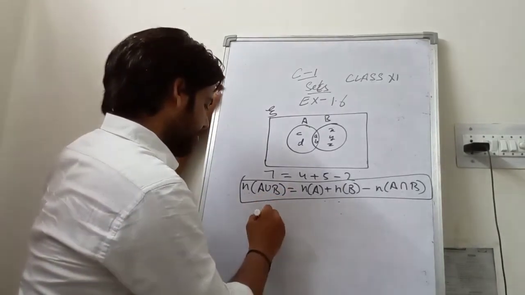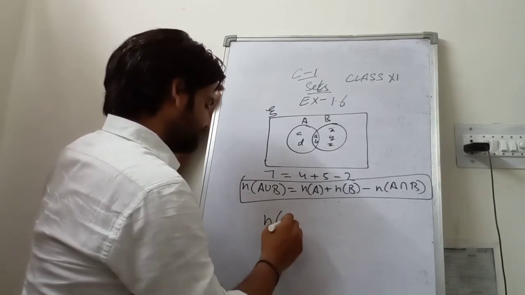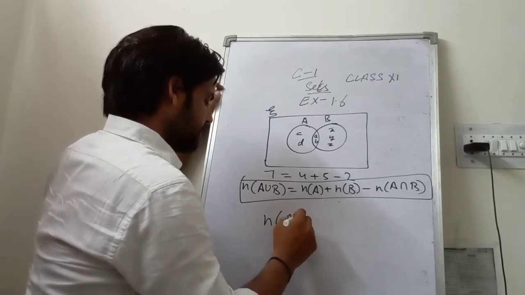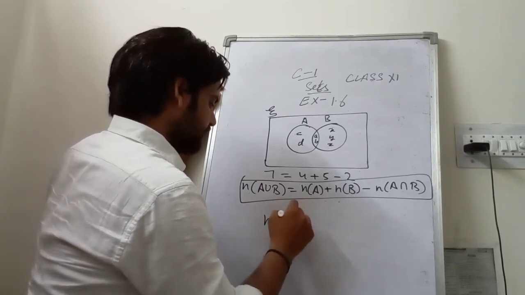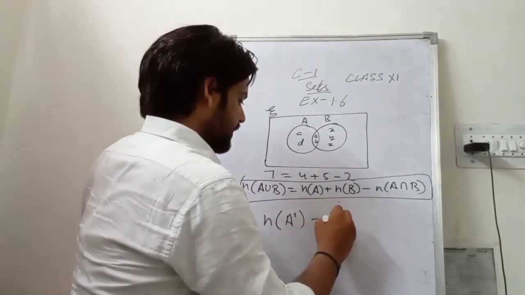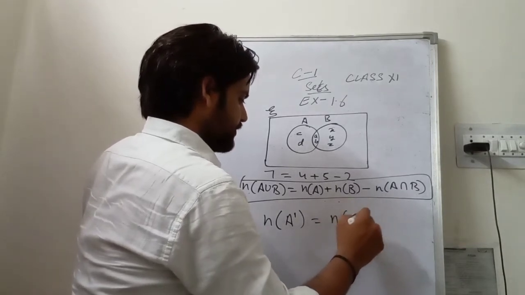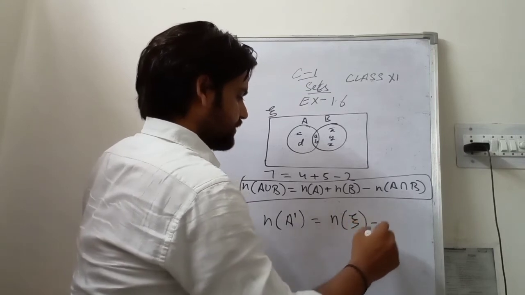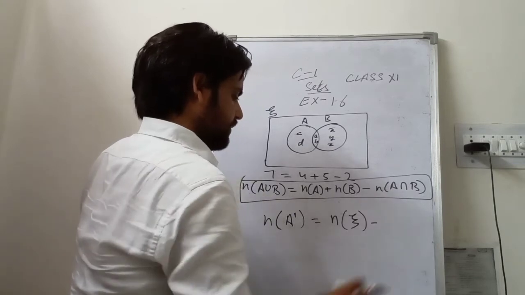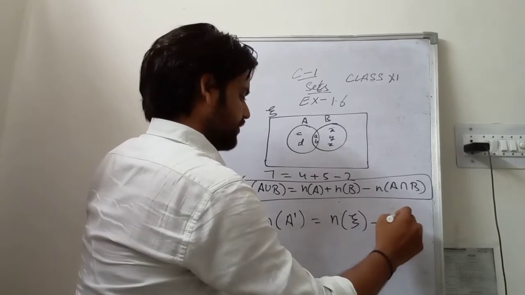The formula you have to verify is: the cardinal number of A complement is equal to the cardinal number of the universal set minus the cardinal number of A.